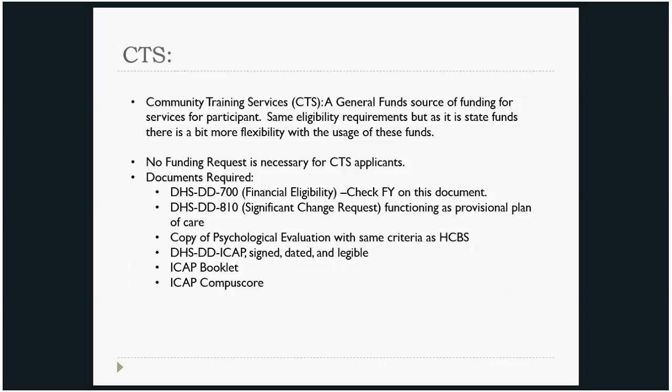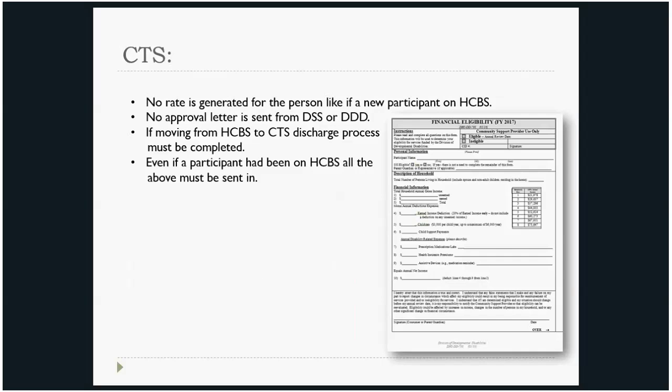Then you'll have the significant change request, which again functions as the provisional plan of care. Psychological, same criteria as HCBS applicants would face. Then you have your ICAP, signed, dated, and once again, make sure it's legible, your ICAP booklet, and your ICAP CompuScore. So all those documents would be submitted to your assigned program specialist anytime a person is wanting to enter CTS.